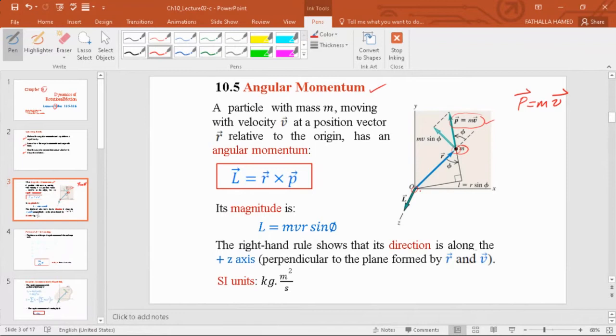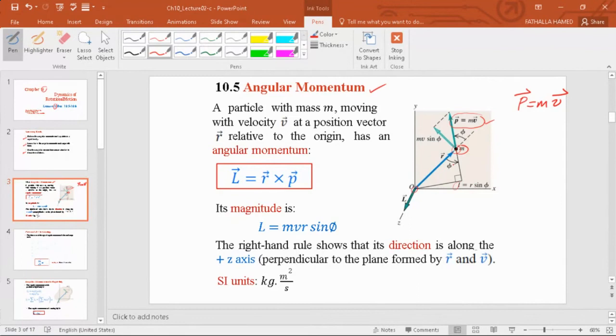Now, like what we did in the last lecture when we talked about torques, we're going to look at the moment arm, or the lever arm, which is perpendicular to the linear momentum. So if you extend this all the way, and you take L, which is perpendicular to this line, and when we talked about torque, we said this is the line of action along which the force is acting.